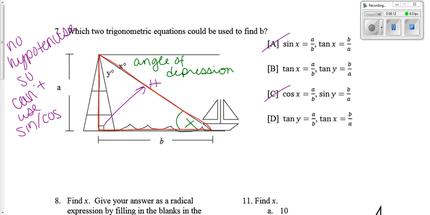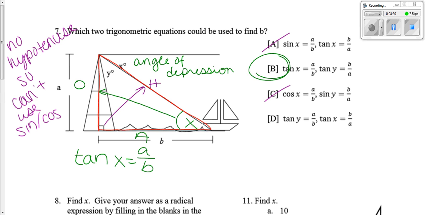Then if I look from angle x, A is my opposite, B is my adjacent. So the tangent of x is A over B. So I could use that one to find B, which means my answer would have to be letter B, because in D, it says my tangent of x is B over A.